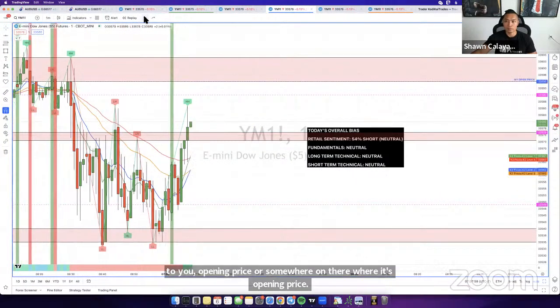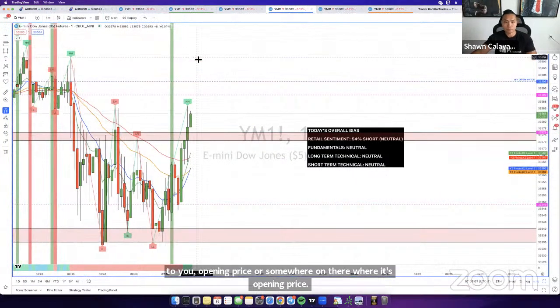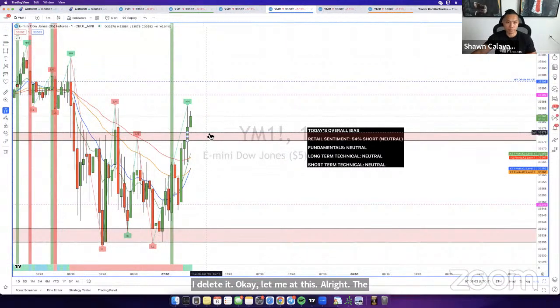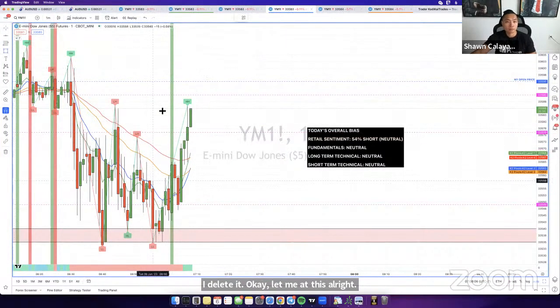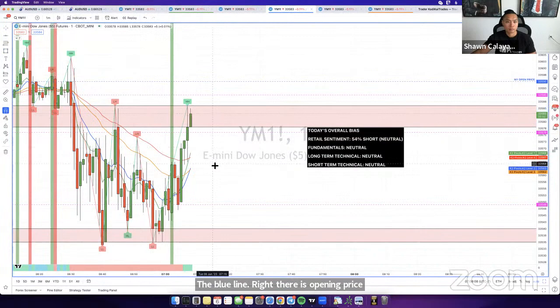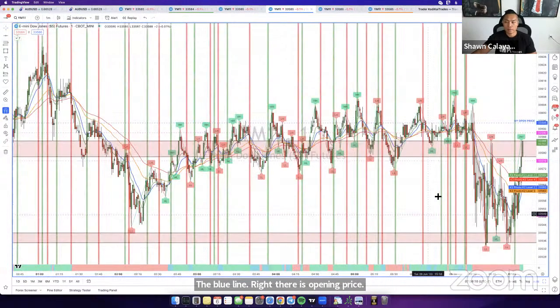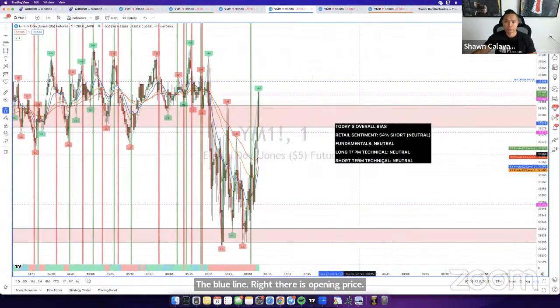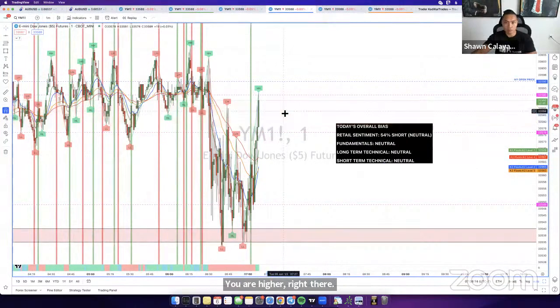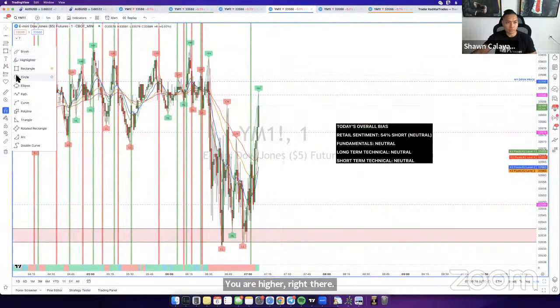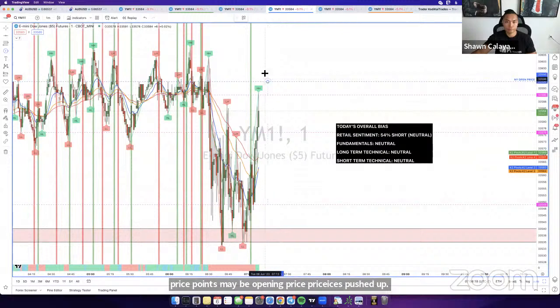Did I delete it? Let me delete this. The blue line right there is opening price. New higher high right there. Target price point is going to be opening price. If price does push up, the blue line is the target price point.